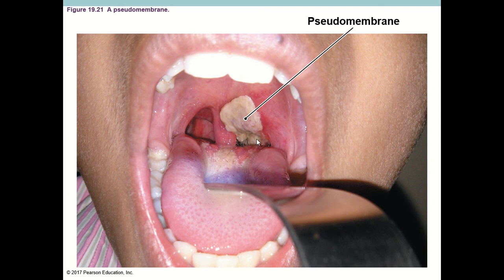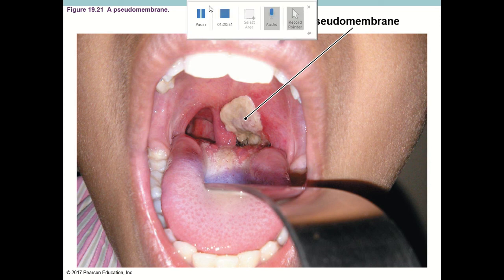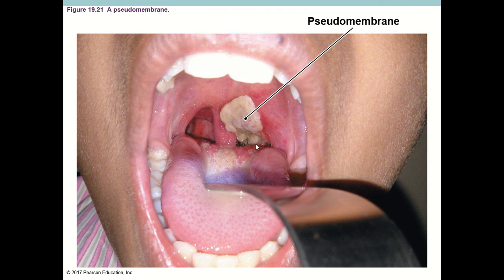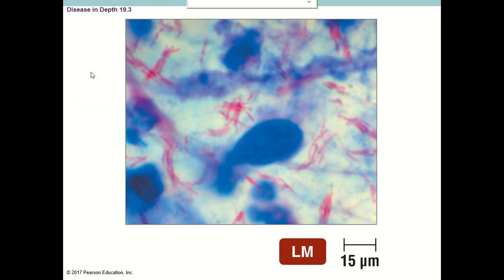But for the most part, people would get better with penicillin, or erythromycin in case the person is allergic to penicillin. There is a vaccine, and I believe every single person in the US is required to get that vaccination against diphtheria.